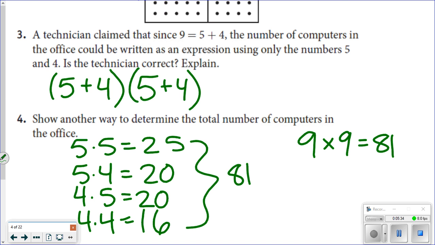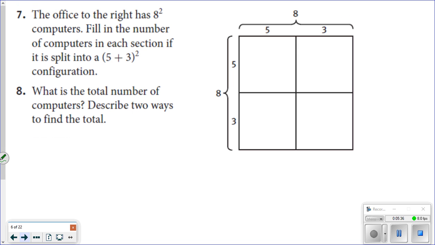All right, I'm going to skip questions 5 and 6 for now and jump to question 7. The office to the right here has a squared computers. Fill in the number of computers in each section if it is split into a 5 plus 3 squared configuration.